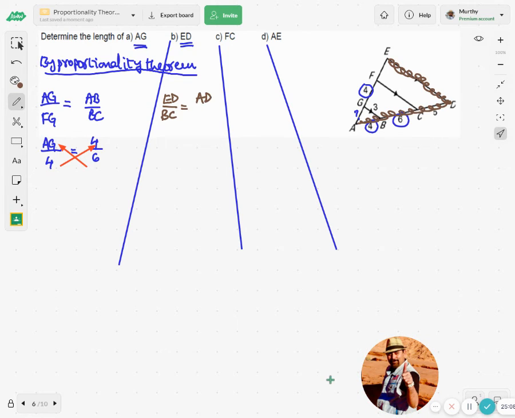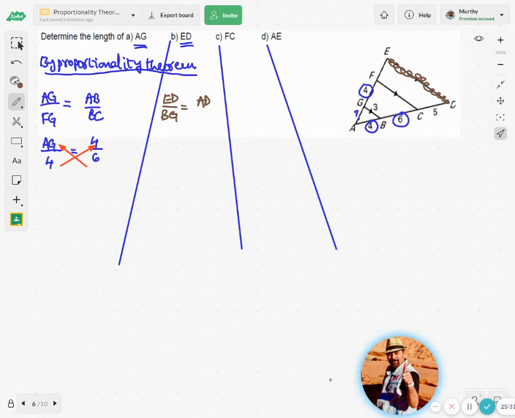Okay, AD. Yeah, it is AD over. See, earlier I have taken this GB value. ED over BC. My bad, it's not BC, it is BG.